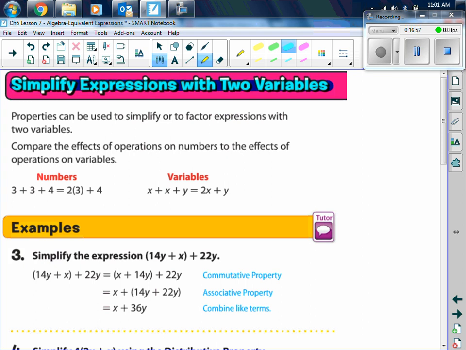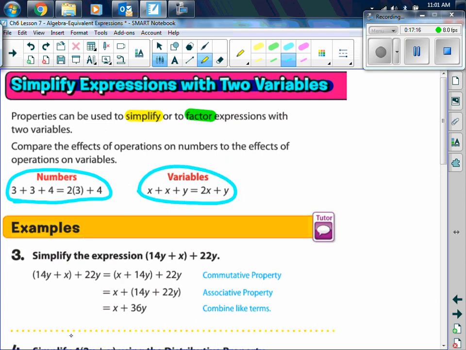Okay? So in this section, we are going to simplify and we're going to factor expressions. Now, when they're talking about comparing, I want you to take a look at what happens with numerical terms and what happens with algebraic terms.